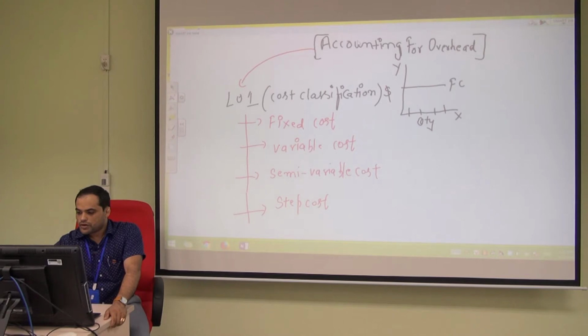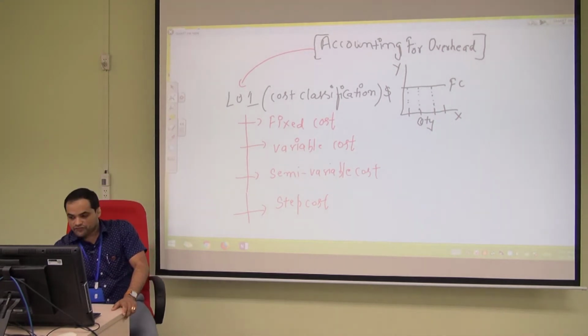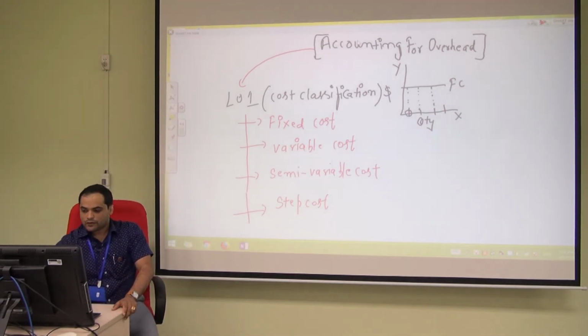So you can see that if you produce product here, at that quantity, your cost is at this level. You produce a second quantity, quantity increases, cost remains the same.